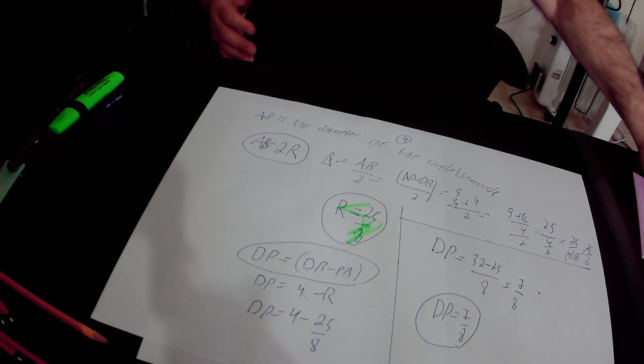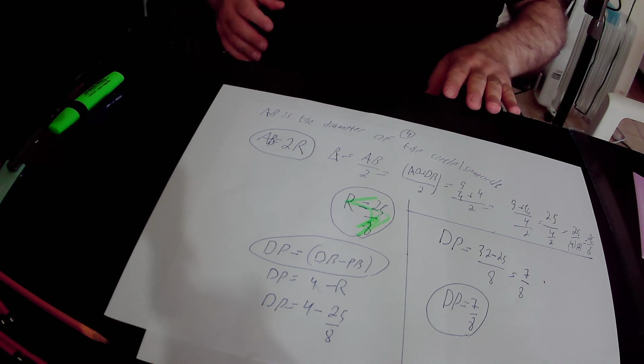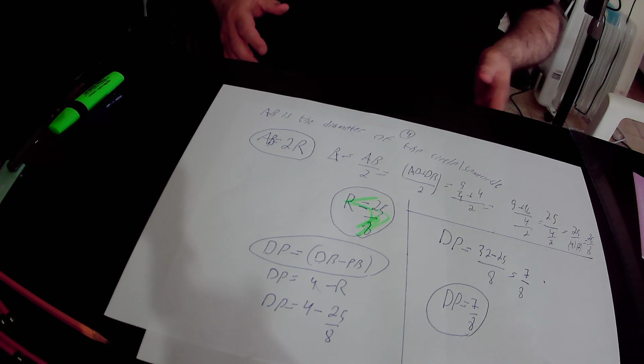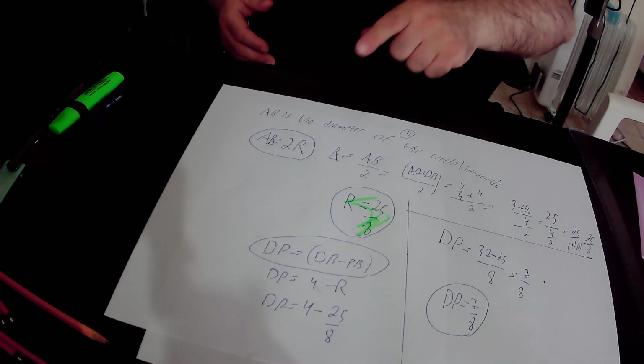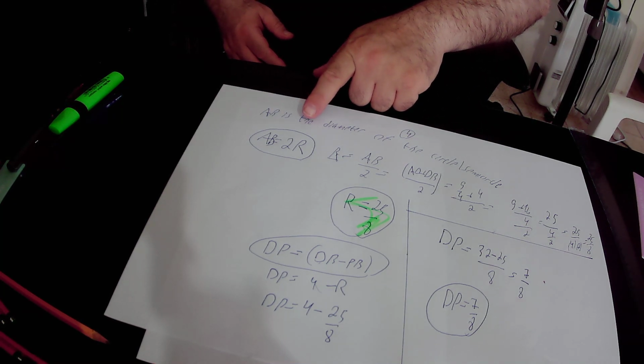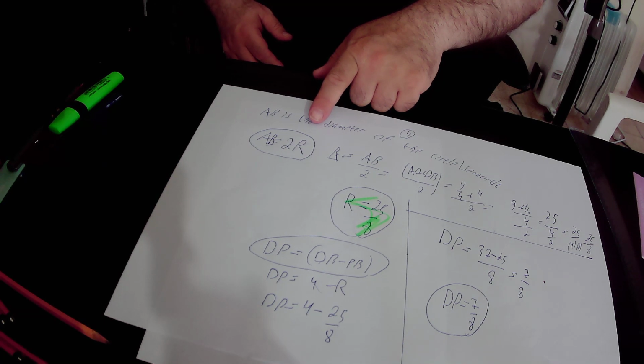So AB is the diameter of the semicircle and the circle, and we know that the diameter of any circle or semicircle is twice as long as the radius. That is to say, AB equals 2r, if r is the radius of the circle itself and also the radius of the semicircle.